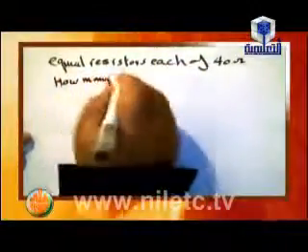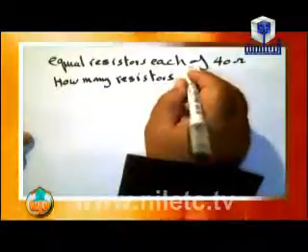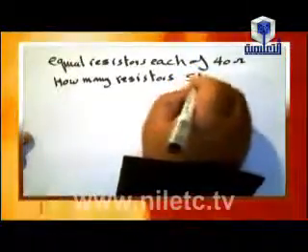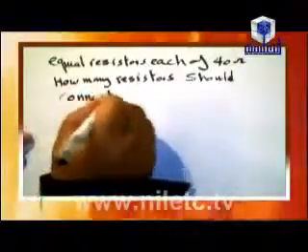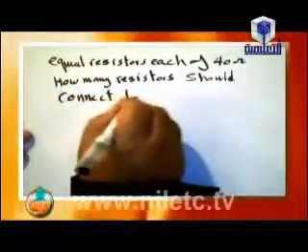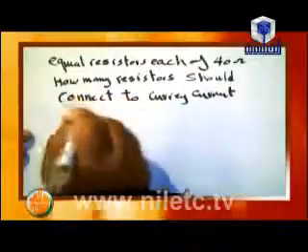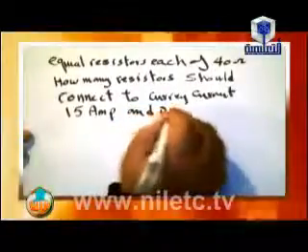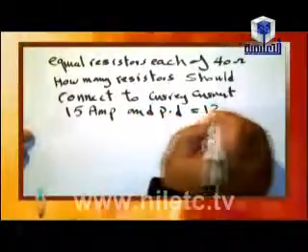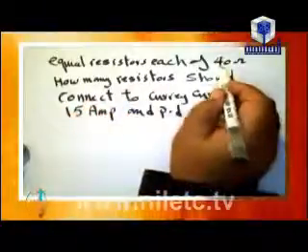How many resistors of them should connect to carry a current 15 ampere and potential difference 120 volt?